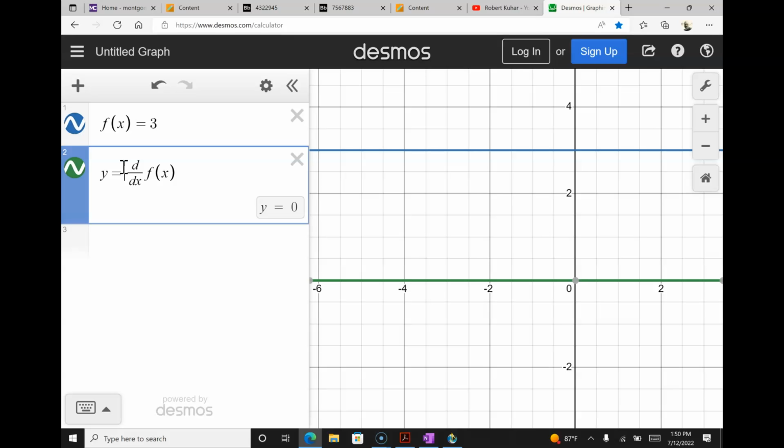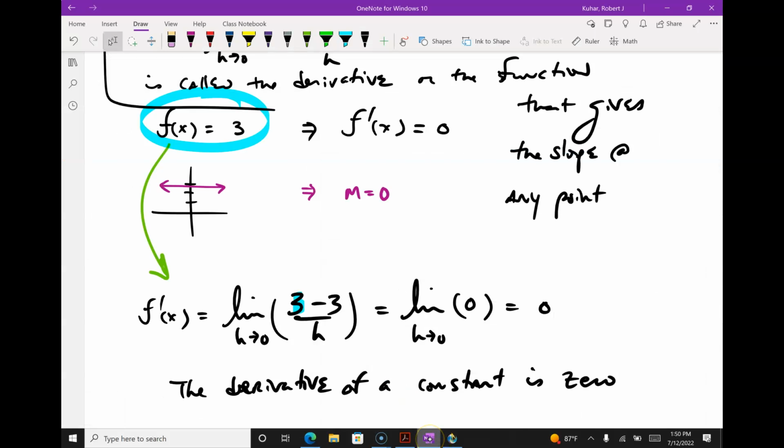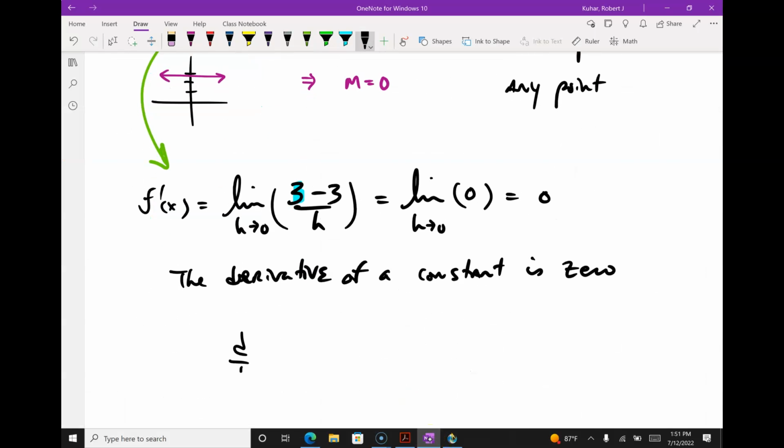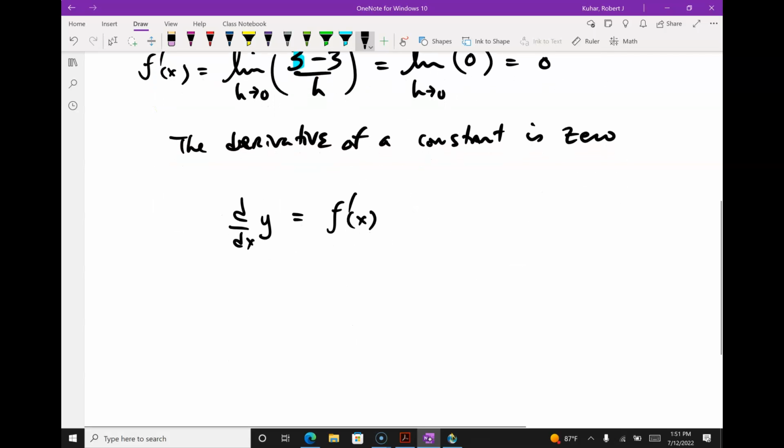D dx is the operator, take the derivative. So if I say d dx of y, it's the same as saying f prime. D dx is the operator.